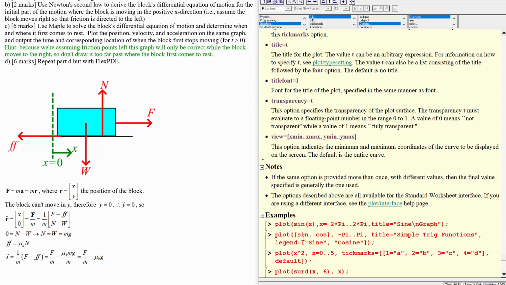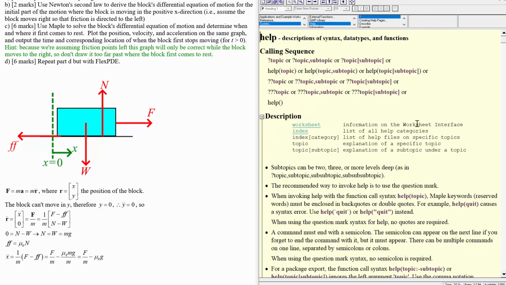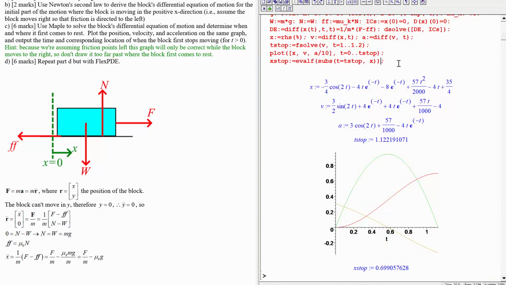So here we go, plot, and then as one of the arguments to plot, give it something like legend is, and then use strings inside a list to be associated with each of the things that you plotted. So on this plot, we would want legend equals the first one was x, and we'll say that that's in meters.